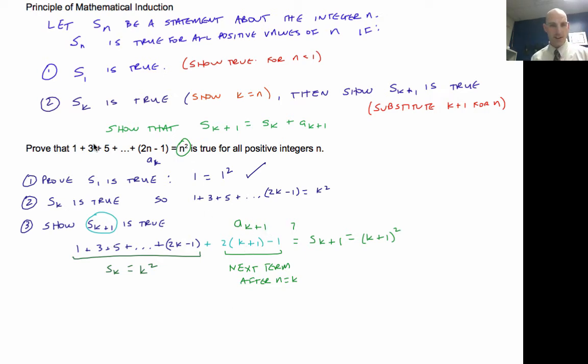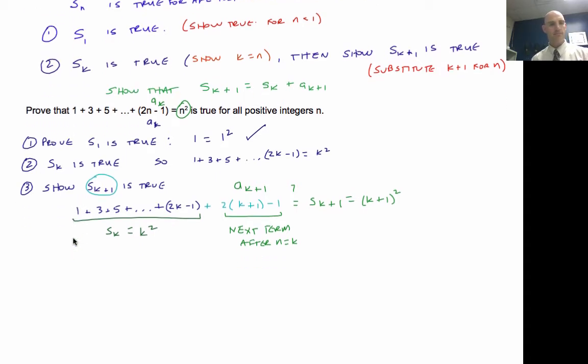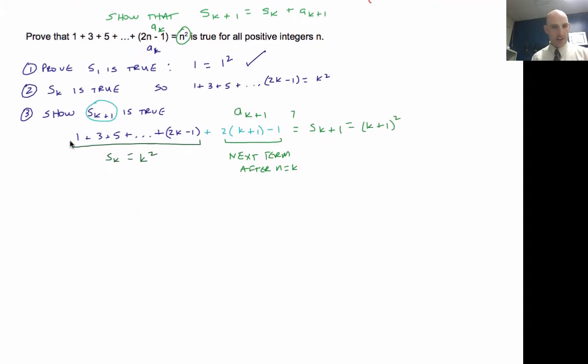This is the sequence: 1 plus 3 plus 5 plus the general term. This is a sub k, as I already wrote down here. So when I want a sub k plus 1, I've got to substitute in k plus 1. It looks a little messy now, so let's clean it up. Really, this part I already proved. This is line 2 right here.